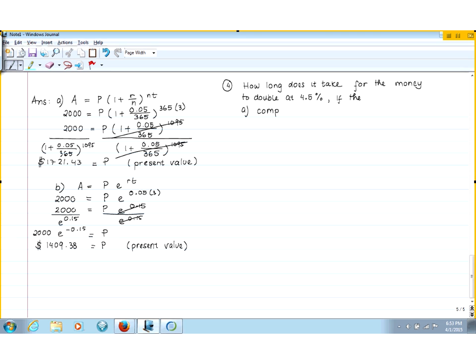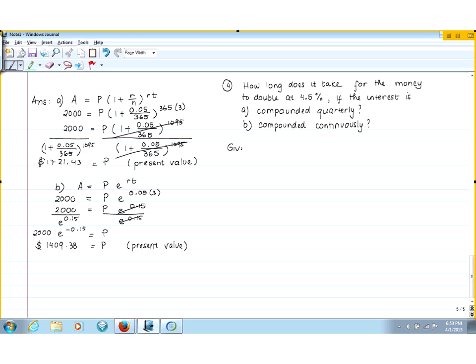And B, if the interest is compounded continuously. So these are two different questions.